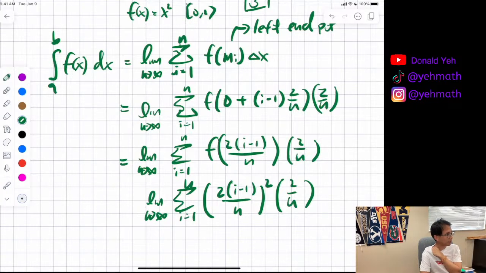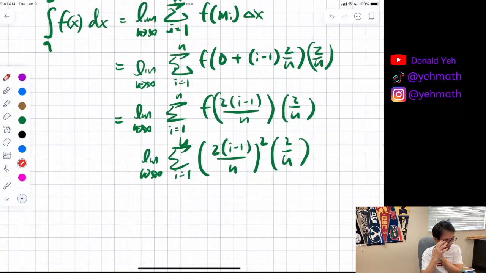What will be a constant here? Would you have to distribute or expand the square? I won't, I will just try to take it out now. 4 over n squared? 8 over n squared? Almost. 8 over n cubed? Yeah, that's right.